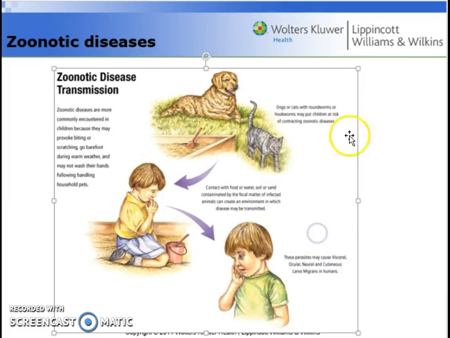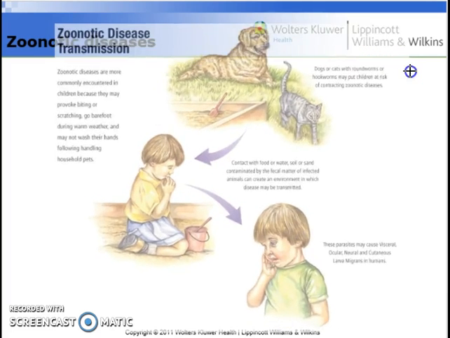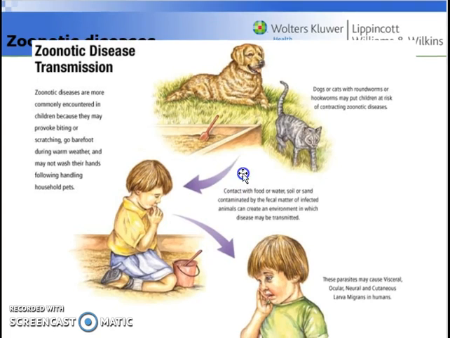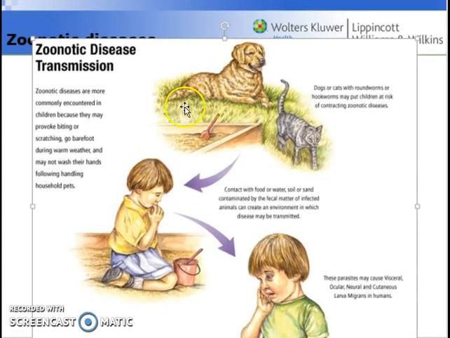In this picture here, we're looking at the transmission of worms that could be acquired by this little kid. Say outside you've got a dog and you have cats. There's fecal material that gets released from these animals, and kids like to play outside.